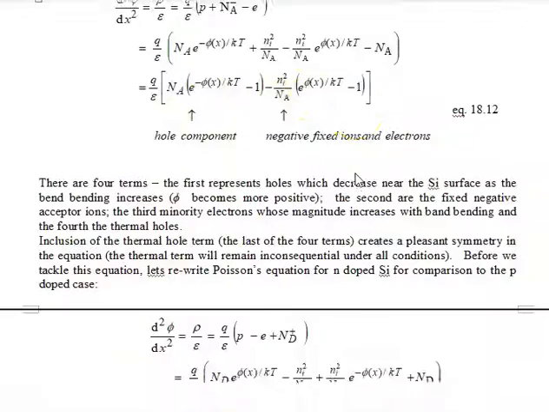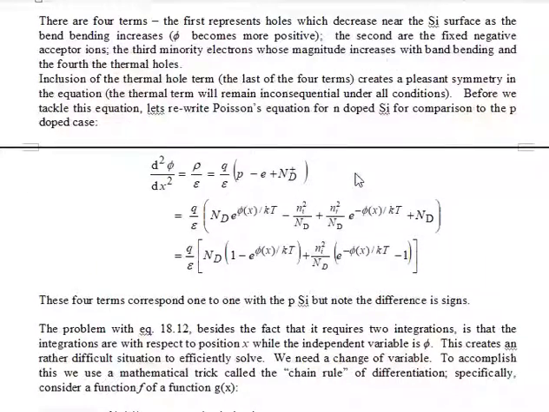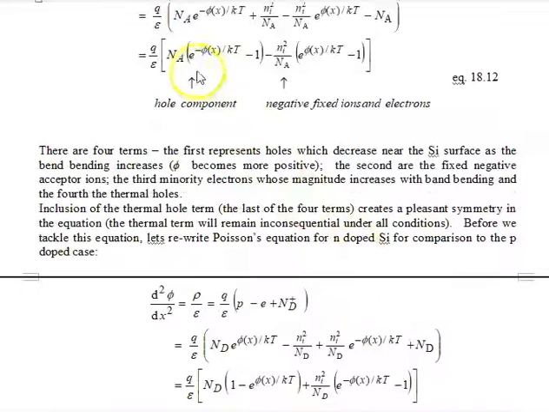And of course we want to solve the equation, which ain't easy. Before we do that, do the same thing, exactly the same thing, for a donor doped. And if we do that, we get exactly the same form. We have 4 terms. Notice that the forms are precisely the same.